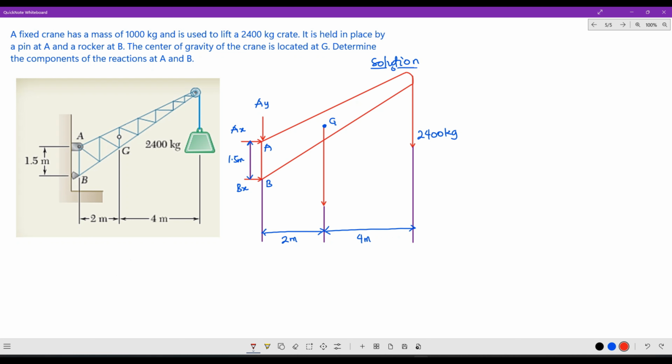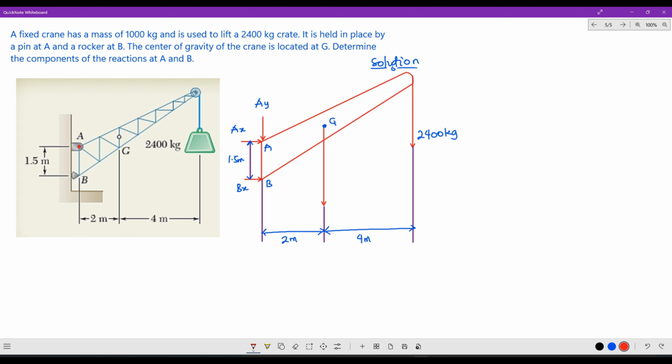And for the pin joint, we can't move the crane at this point in the vertical or the horizontal direction. So there will be reaction forces in those directions. I've indicated those with Ax and Ay, where Ax is the reaction force in the x-axis direction, and Ay is the reaction force in the y-axis direction. So that's all about the free body diagram.